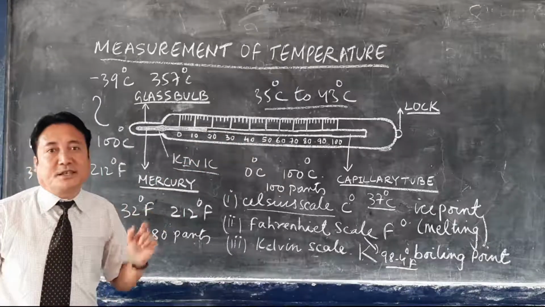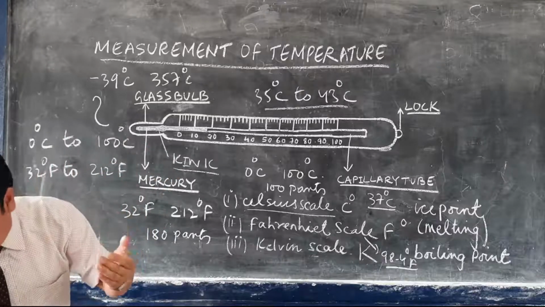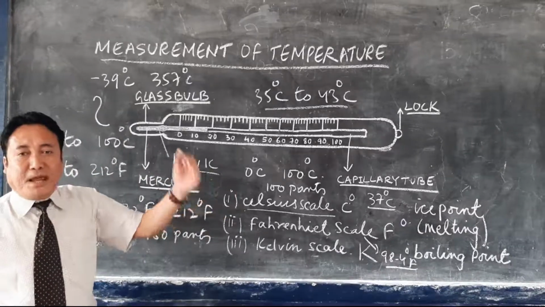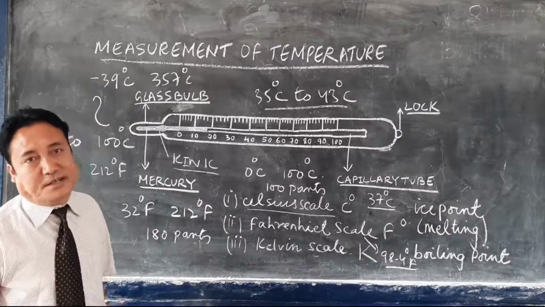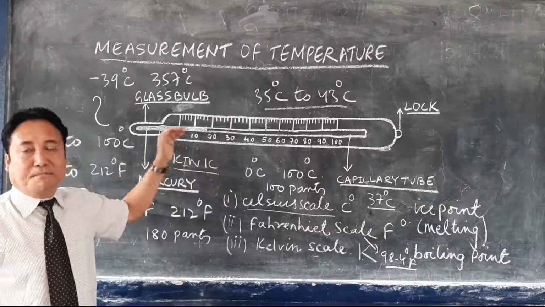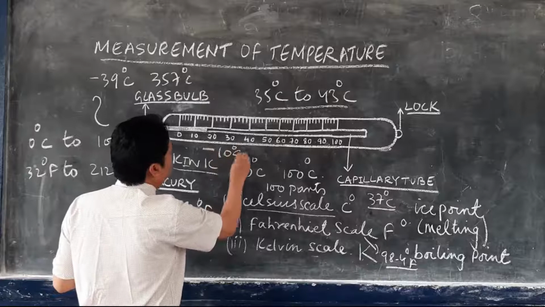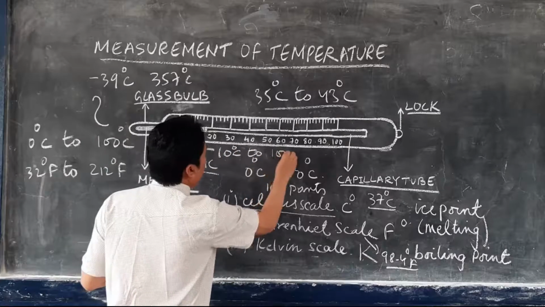The other one is the laboratory thermometer. This laboratory thermometer can record a temperature from minus 10 degrees Celsius to 100 degrees Celsius. So it can measure the temperature in this range, from minus 10 degrees Celsius up to 100 degrees Celsius.